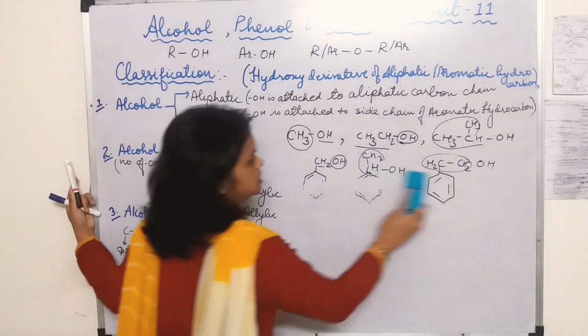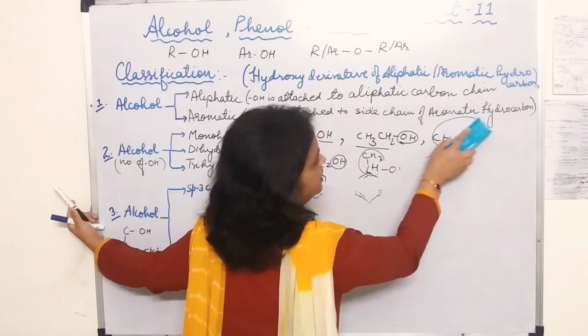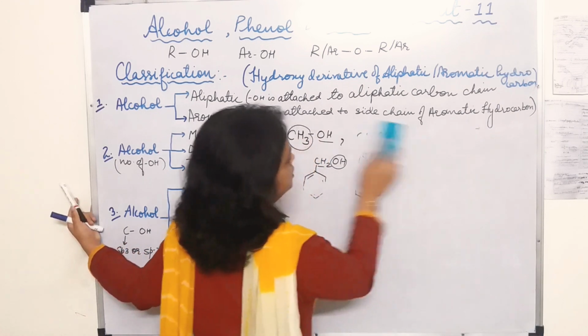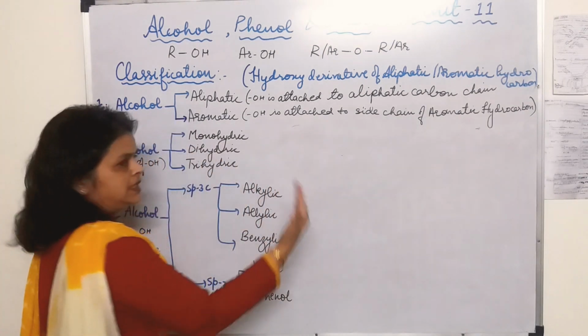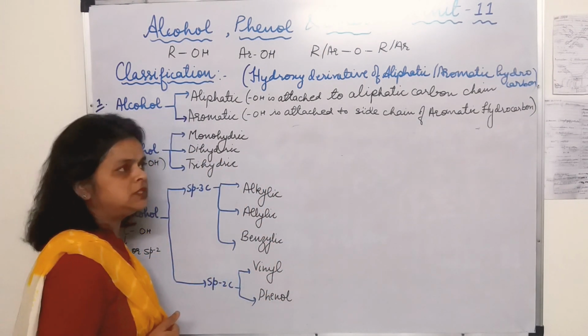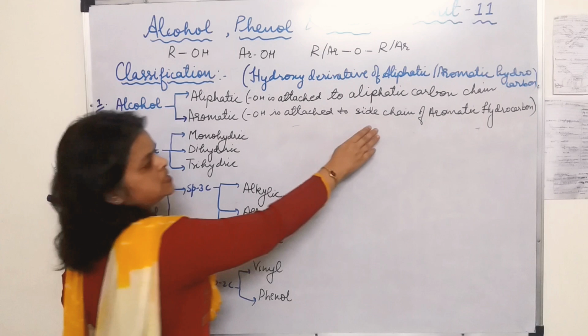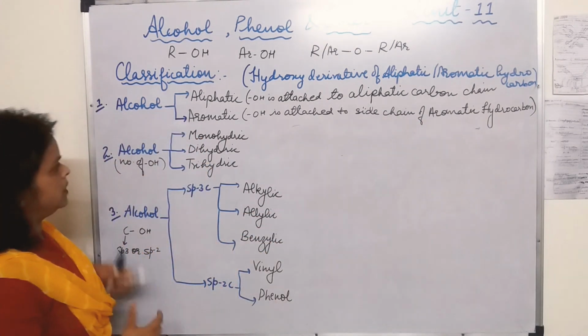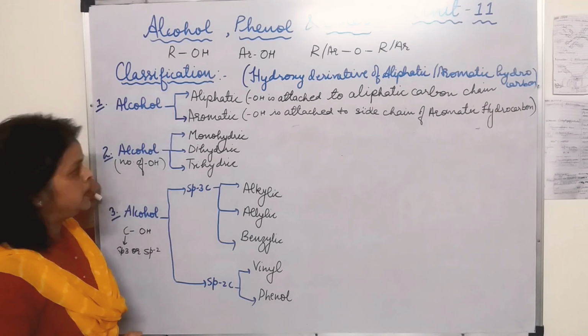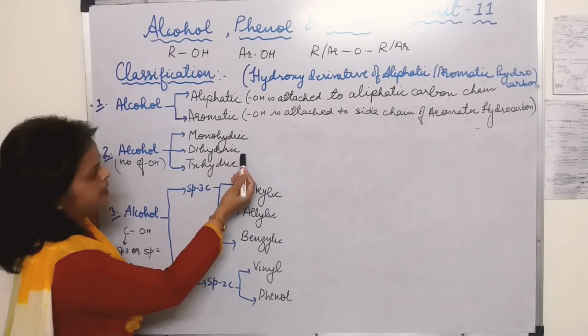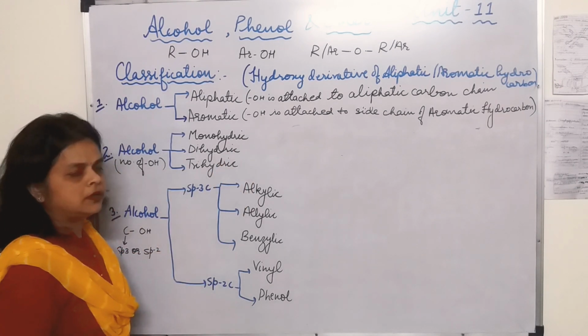You will have a question: identify the aromatic alcohol among the following. So from the various examples, just find out whether it is attached to an aliphatic hydrocarbon chain or to the side chain of an aromatic hydrocarbon. Now the next one, on the basis of the number of OH groups, it can be monohydric, dihydric or trihydric.